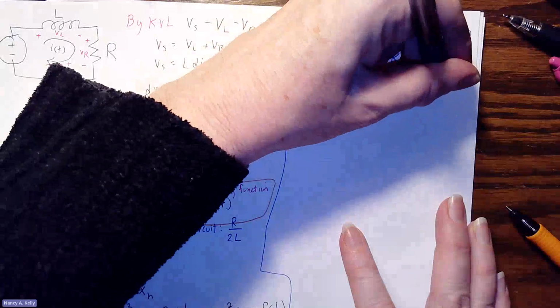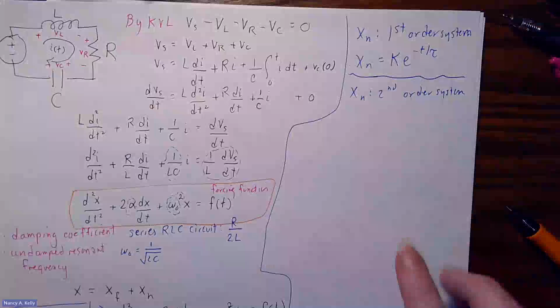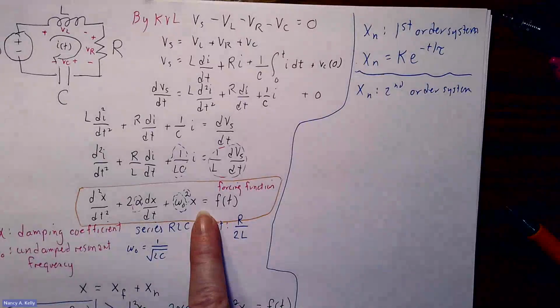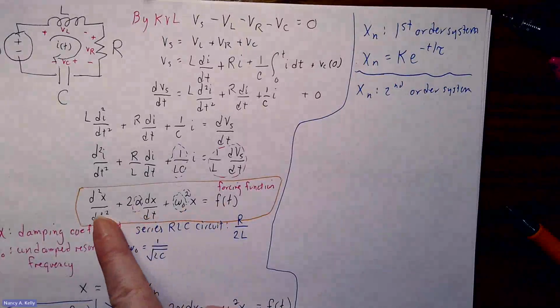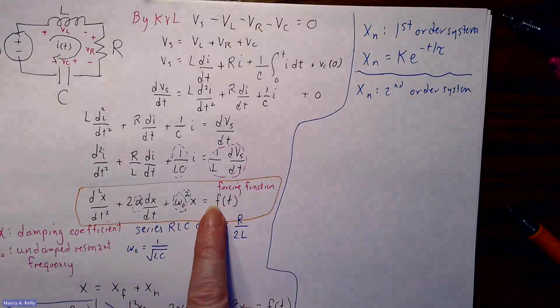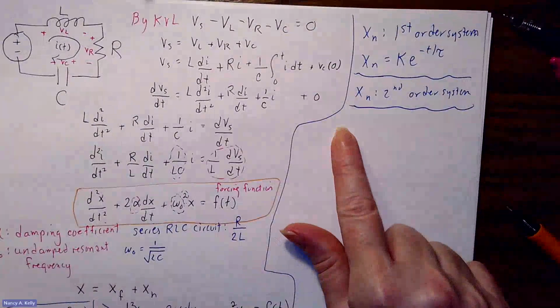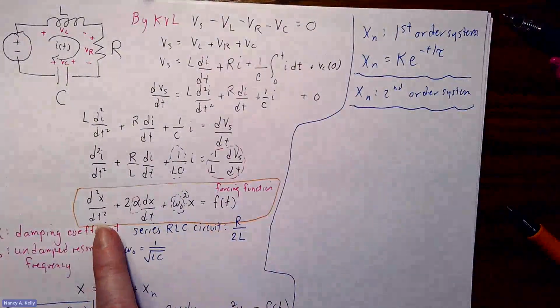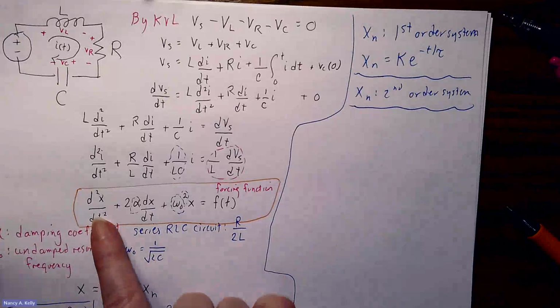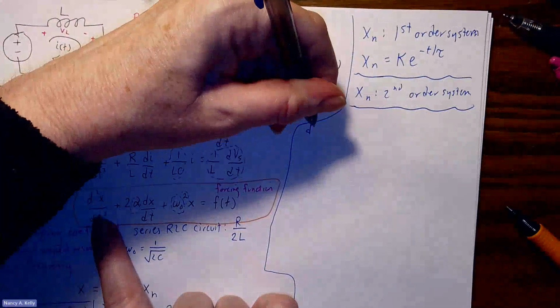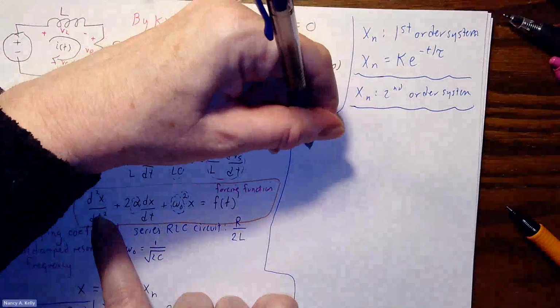As was true before, the natural part of the solution has to satisfy this equation, but we need to modify it first. Okay, so let's look at what x sub n needs to satisfy. Look back at this equation here that we have, and we're going to write d squared x sub n dt squared.